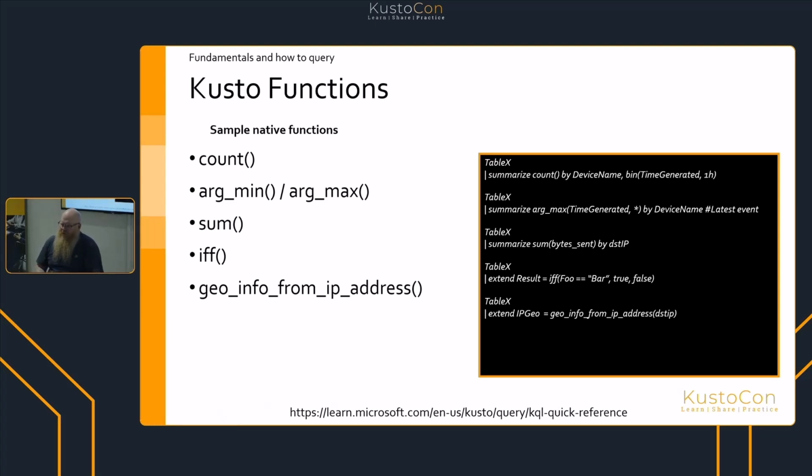There are also a lot of functions available that we can use. For instance, the count, so we can count the number of events of a specific type. For instance, we want to count the number of network connections to a public IP by device name, and we can also group that, as I mentioned, on the timestamp or time generated into per hour.